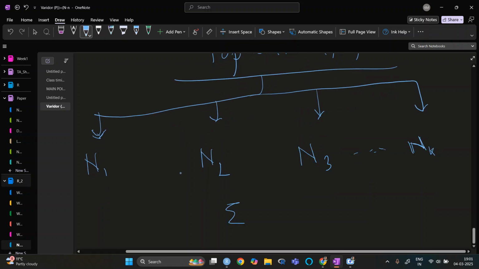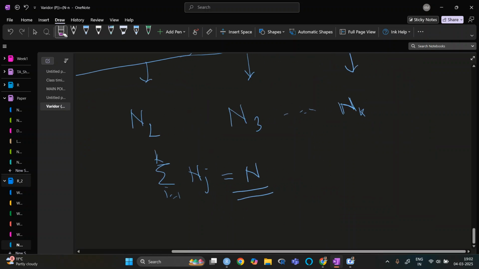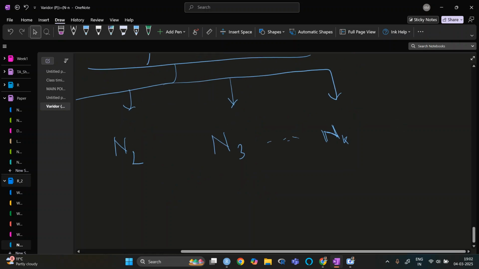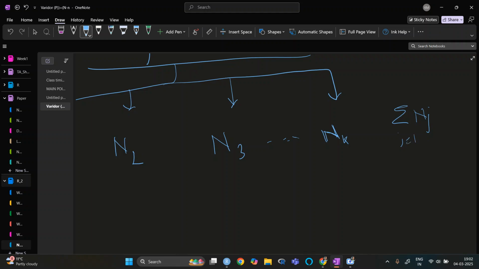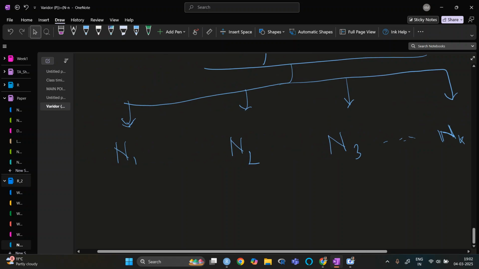So the summation of nj for j equal to 1 to k will be n. Let me write it here so that we can do the sample one also. This population is n, so it is n1, n2 up to nk. We are taking the sample so that it will come from each one.